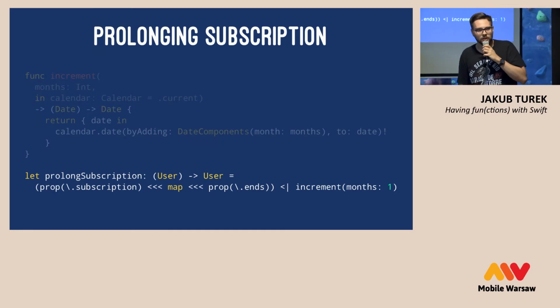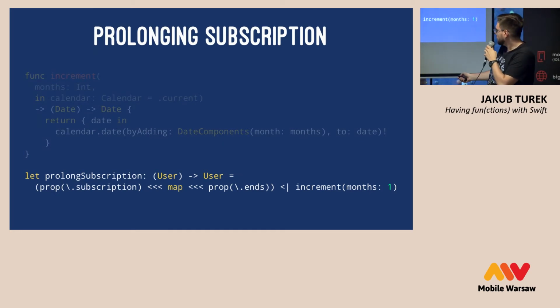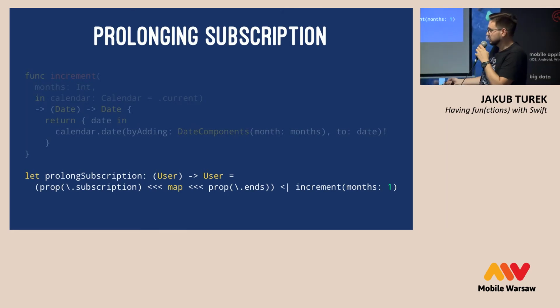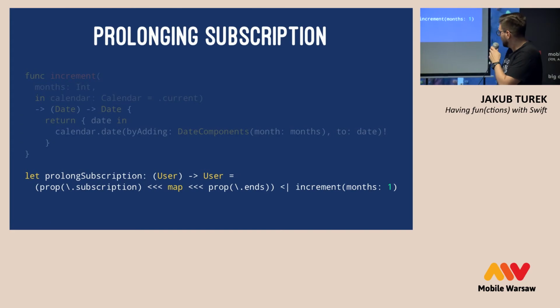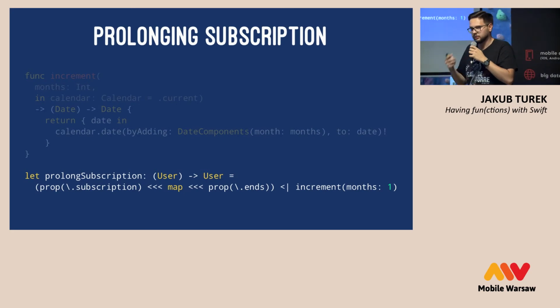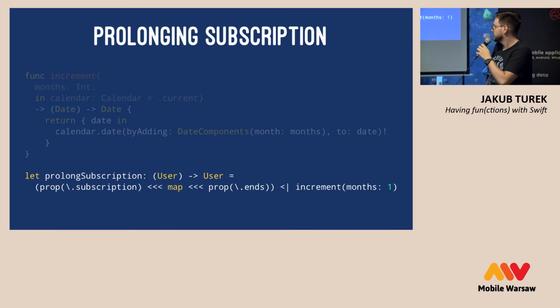And now, using that function, we can compose a method which transforms a user into a user. What it does, it takes a subscription. It's an optional, so we dig into that optional with map method. Then we take the subscription end date, and we increment that date by 1 month. And this way, we can have a function that for any user can give us a copy with incremented subscription end date.